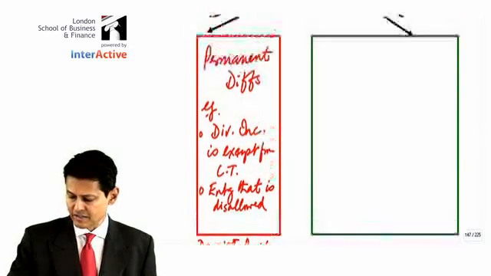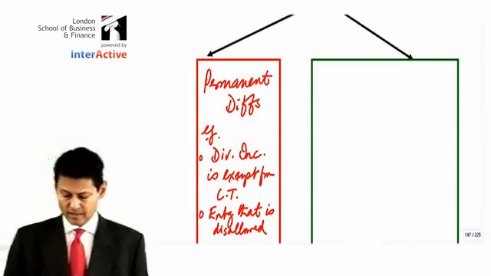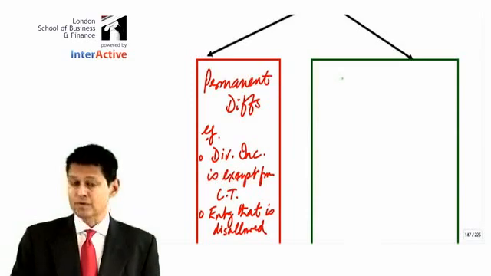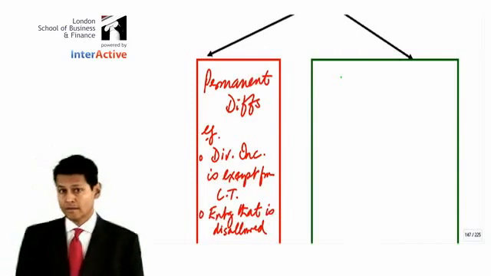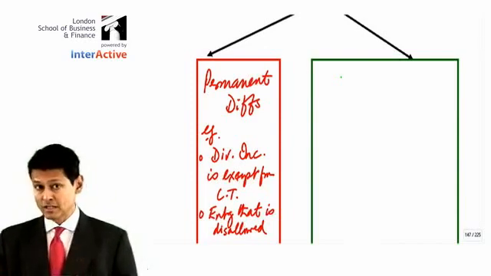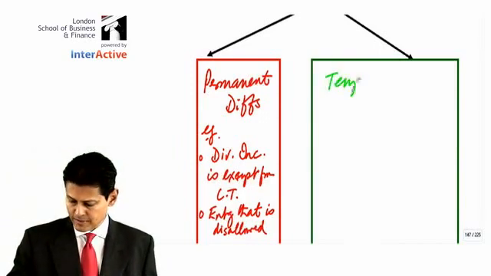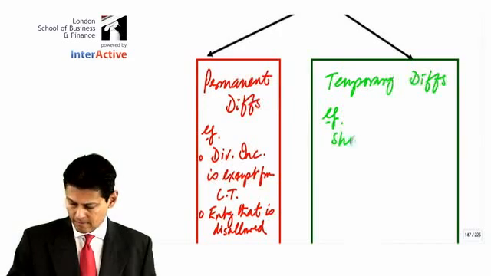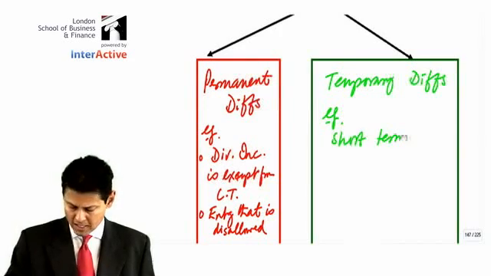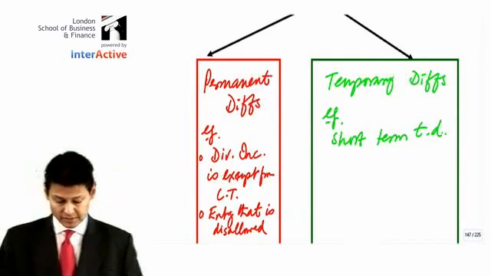But you do provide for deferred tax on temporary differences, and it is to that we now turn our attention. You do not provide on permanent, but you do provide on temporary. So here are the temporary differences. Things like short-term temporary differences, certain patent royalty receivables.